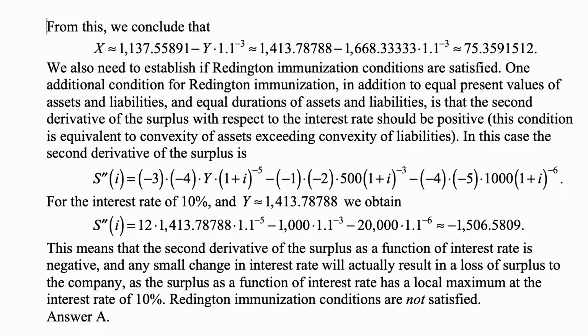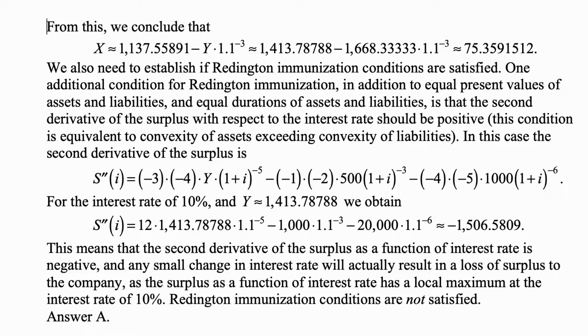And this means that the second derivative of surplus as a function of interest rate is negative, and any small change in interest rate will actually result in a loss of surplus to the company, as the surplus as a function of interest rate has a local maximum at the interest rate of 10%. And Redington immunization conditions are not satisfied.